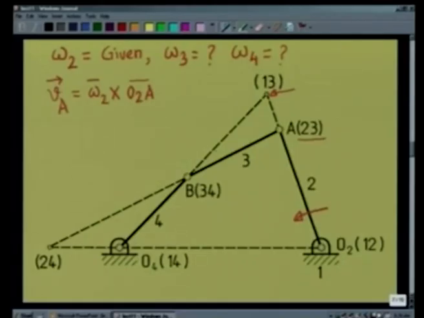So velocity of A, if I consider it to be a point on link 3 which is rotating with angular velocity omega 3 about the point 1 3, that is, I have to take this vector from the point 1 3 to A. Now, these two equations both give VA, and the only unknown is omega 3. So, I can determine omega 3.